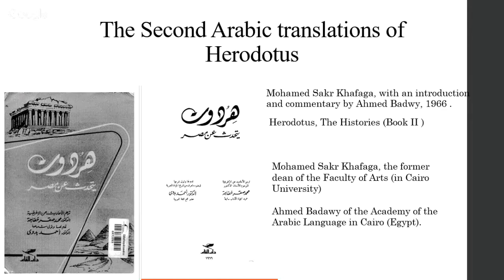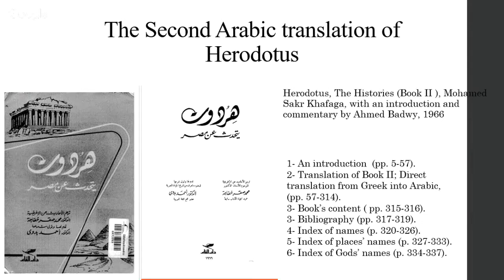Again, it is the translation of book 2, and again, it's a direct translation from Greek with extensive commentary from Badawi. So these are the contents of this translation, and it has only the translation of book 2.